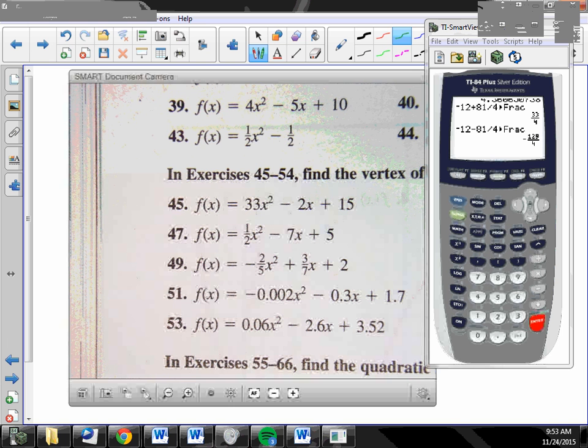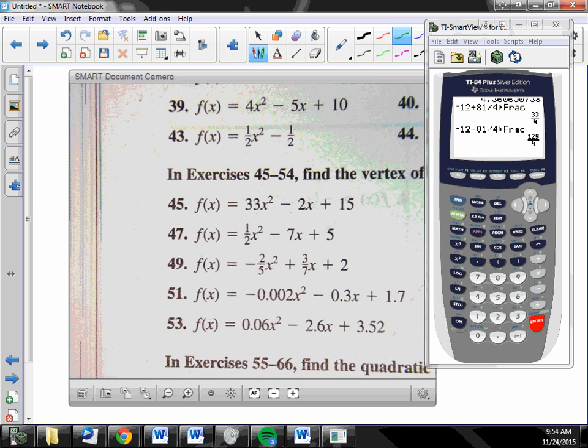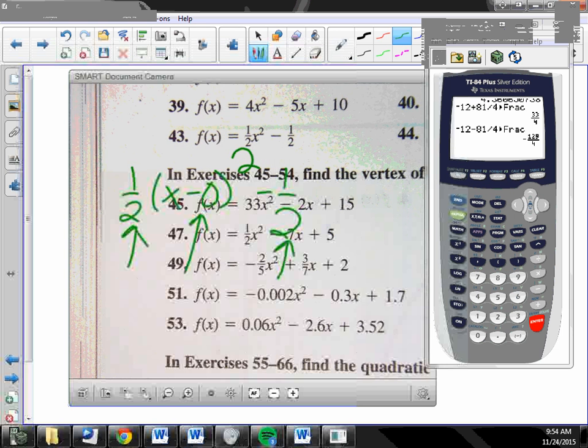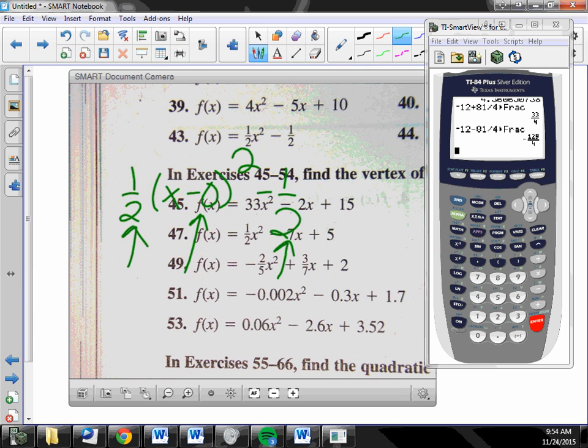So that is in vertex form, right? In that case, if you're missing the x, vertex form and standard form are the exact same. Essentially, it's saying 1/2 times x minus 0 squared minus 1/2. So you go right nothing, half as tall, and down 1/2. So if you're missing the x term, vertex and standard form are the same equation.